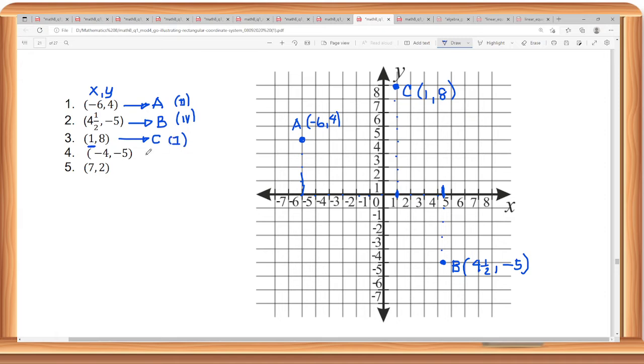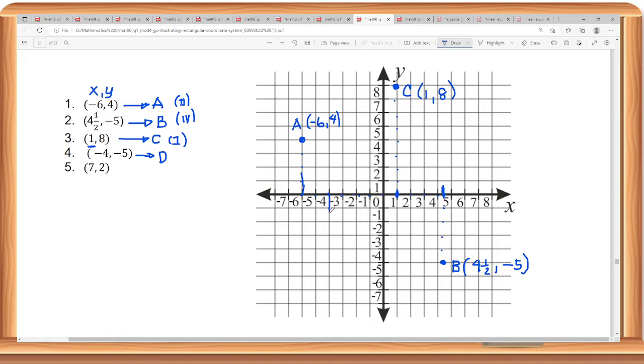And then here in number 4, let's say this is point D. Since they are both negative, that means your x is on the left and your y is below the x-axis. So we have here negative 4. Where is negative 4 in the x-axis? We have 1, 2, 3, 4.